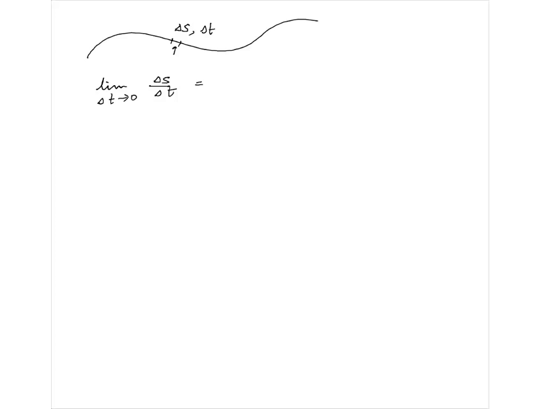And that will become the true speed at that instant. So likewise, you can talk about instantaneous speed at various points. The smaller you make delta t, the better result you will get for that particular point. So speed is ds by dt.